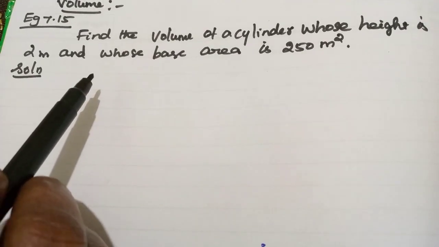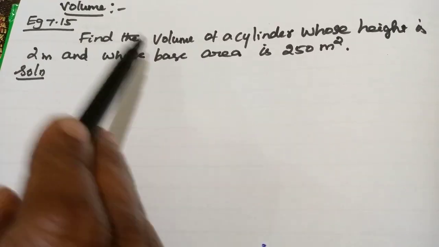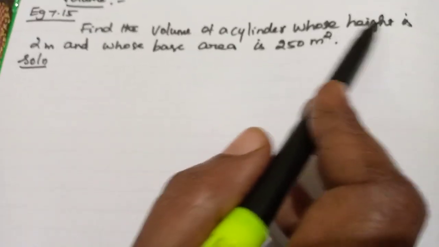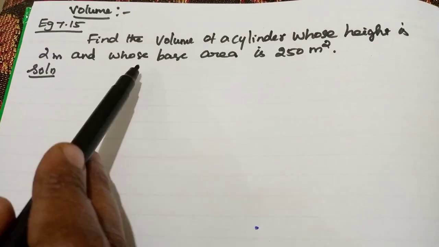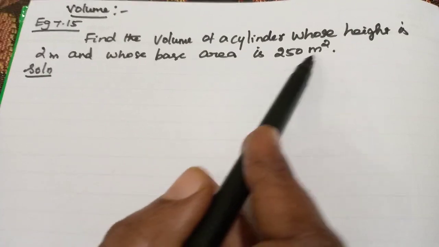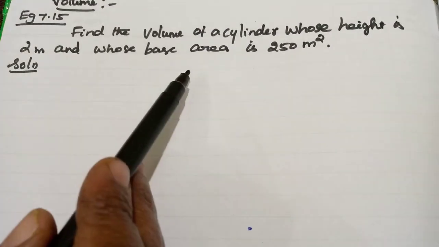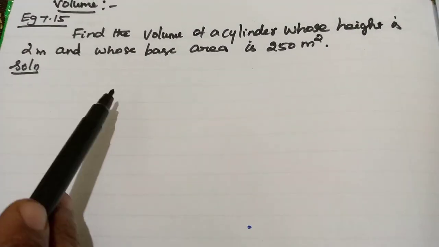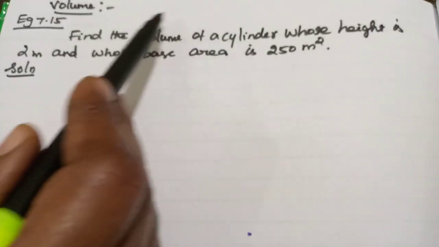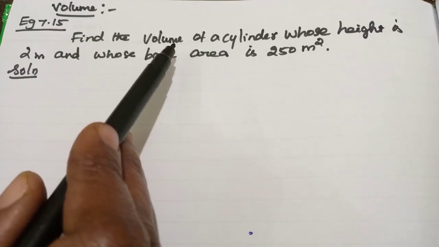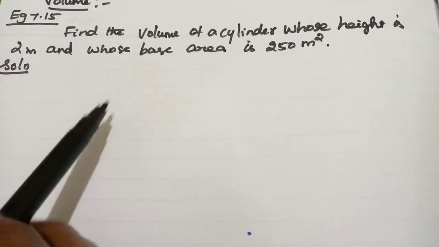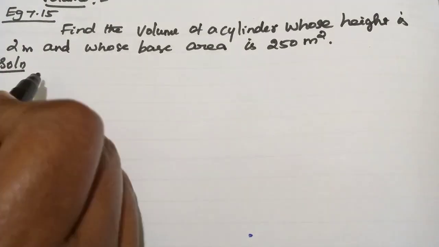Let's write example 7.15. Find the volume of a cylinder whose height is 2 meter and whose base area is 250 meter square. Height and base area are there; if you multiply both, we get the answer. Why? We know the volume of cylinder formula is the product of base area into height, pi r square h. What are the values given?